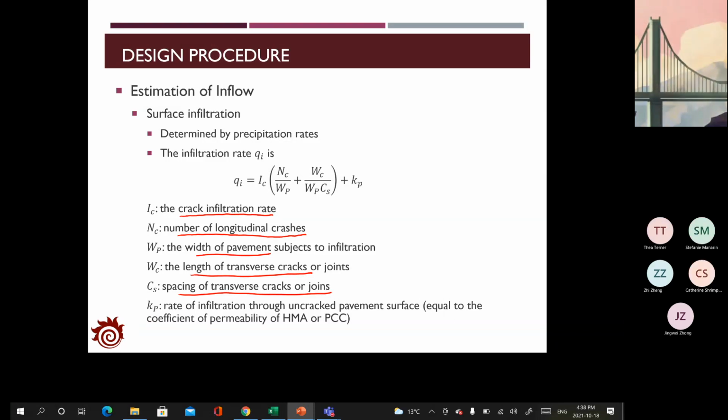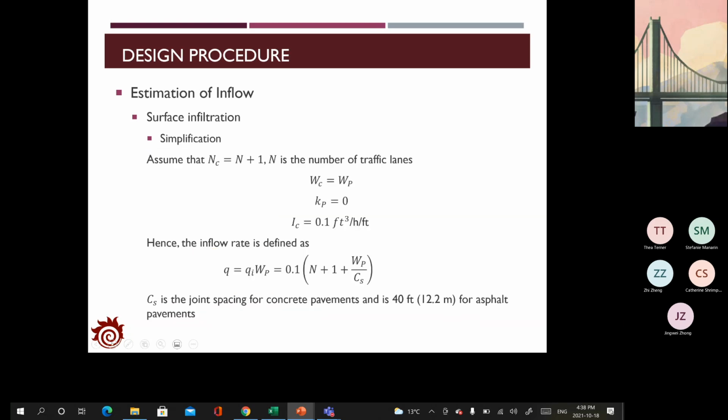But of course, usually the value of Kp would be much smaller than the first component of the infiltration rate. So with that, we will usually consider the first component for the calculation of the surface infiltration.